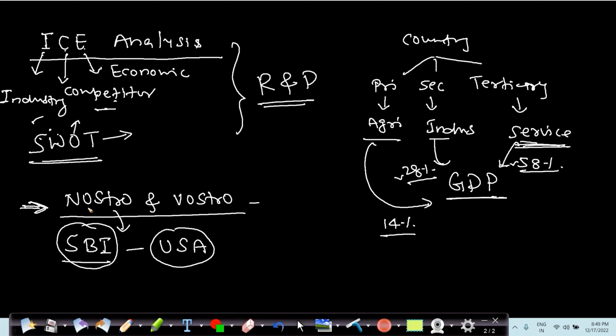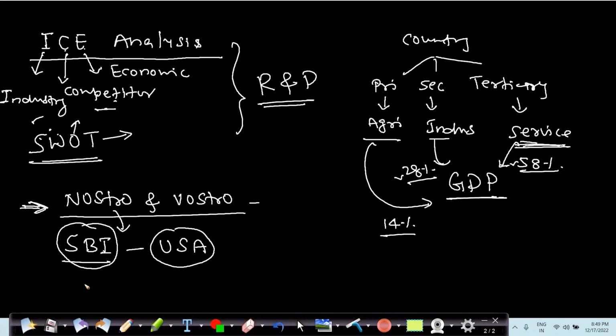Or we have foreign people whose account is with us. So you can say that is Nostro account. Vostro means, you can say, an account maintained in India by a foreign bank, or vice versa. How will you think of it?